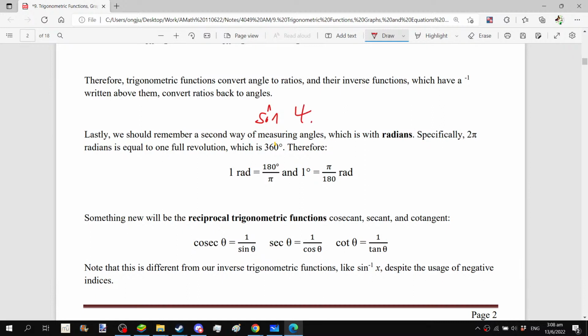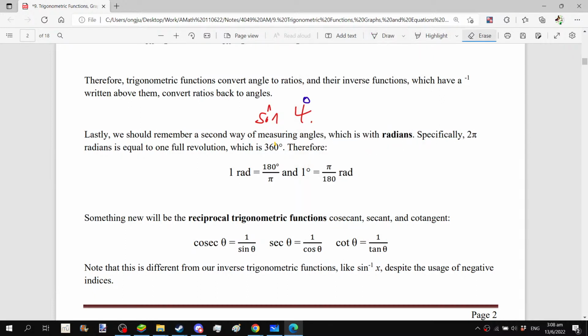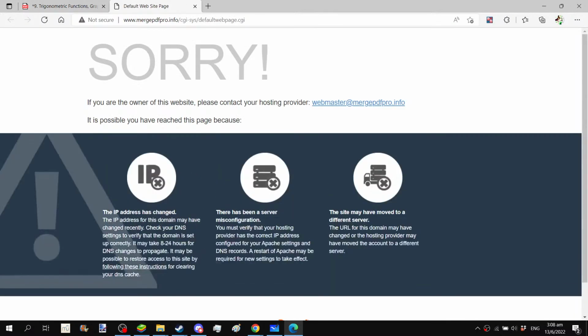In this case, we don't have the little degree symbol on top, and so we have necessarily to assume that the 4 is referring to an angle in radians, and then you can go on and fool around with what that actually means. So for example, in this case, if we expect 4 radians, then of course you can just divide by 180 degrees and divide by, I clicked something weird, what the heck is this?